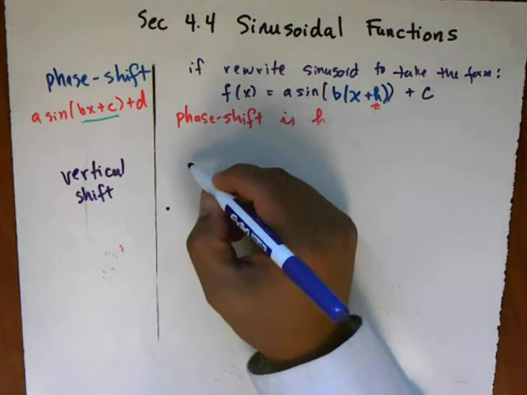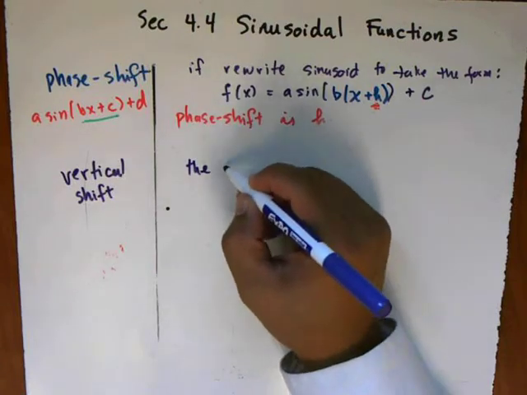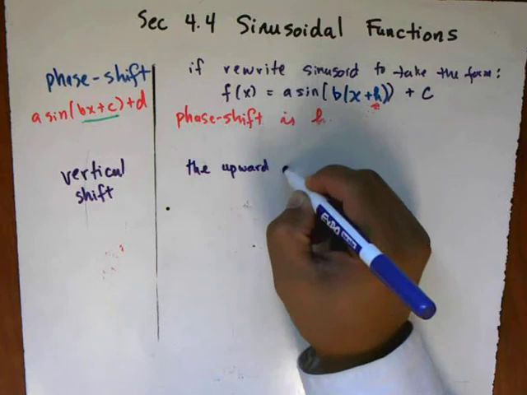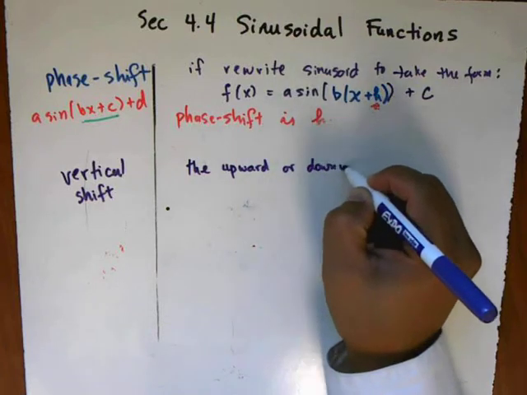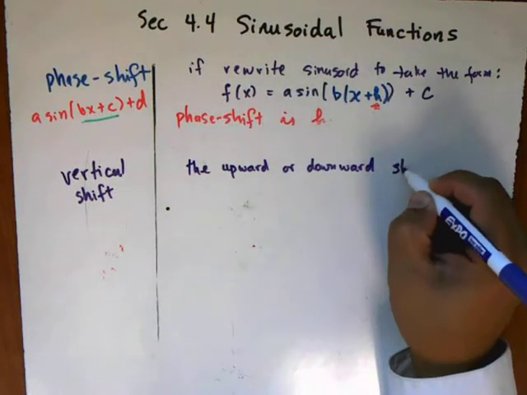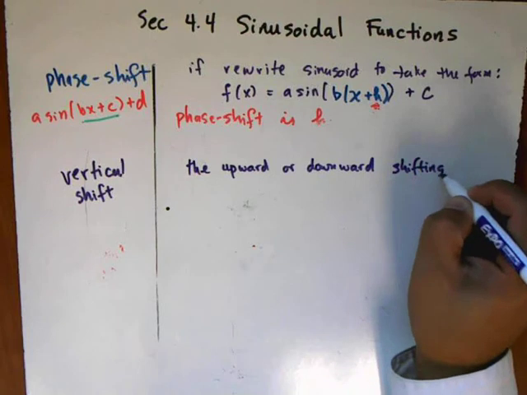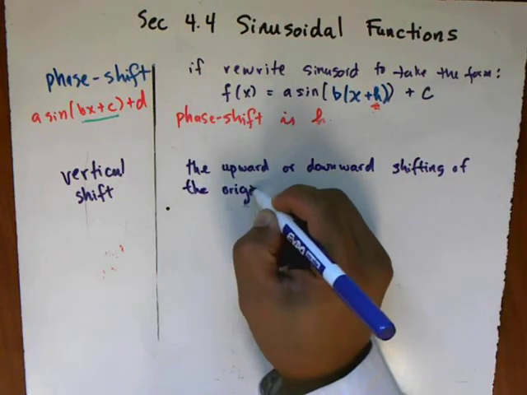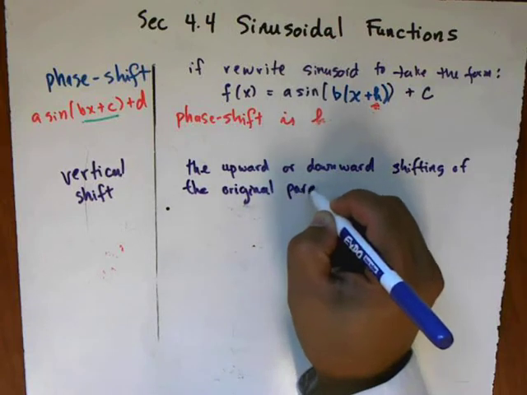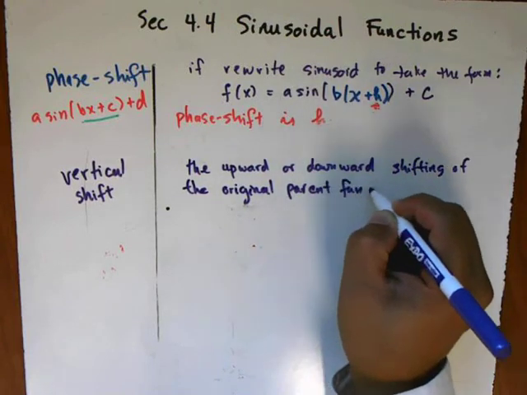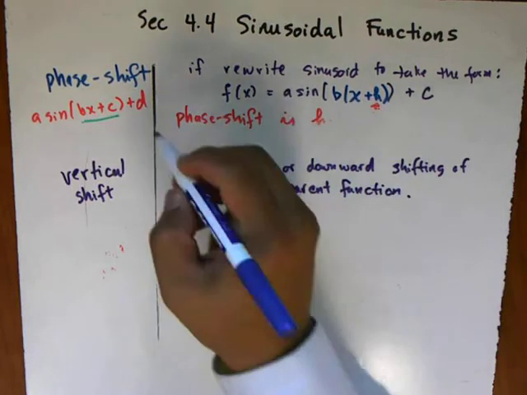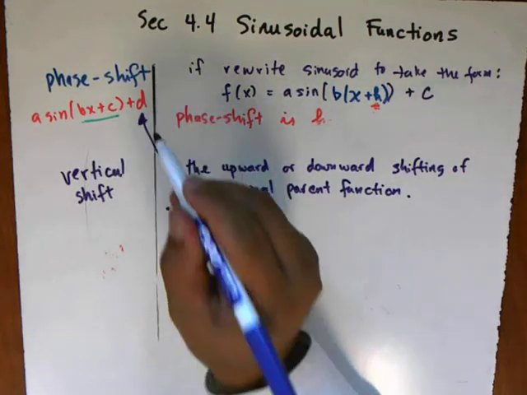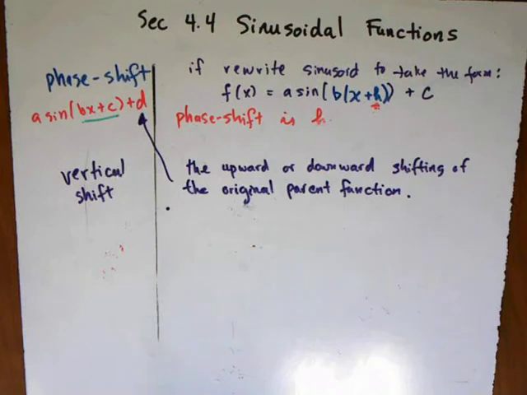And this is the upward or downward shifting of the original parent functions. In other words, it's d. However much it is that you're moving up or down, that is going to be the vertical shift.